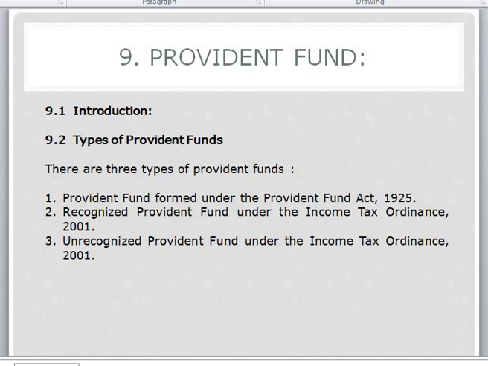Provident Fund formed under the Provident Fund Act 1925. The fund formed under the provisions of the Provident Fund Act 1925 is also named a statutory fund. Such type of fund is generally formed in the federal government, semi-government institutions and local authorities.